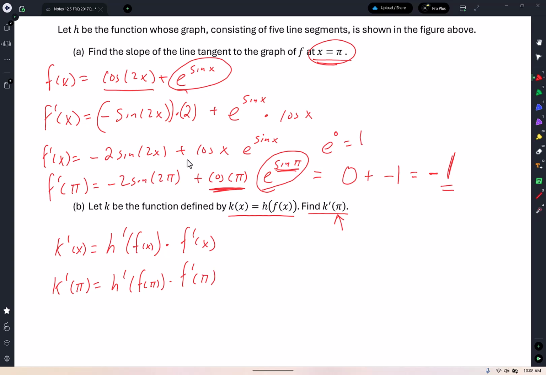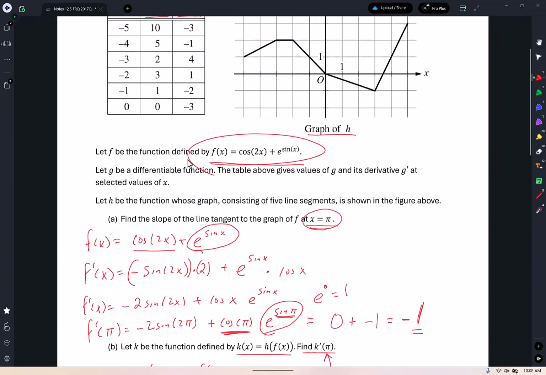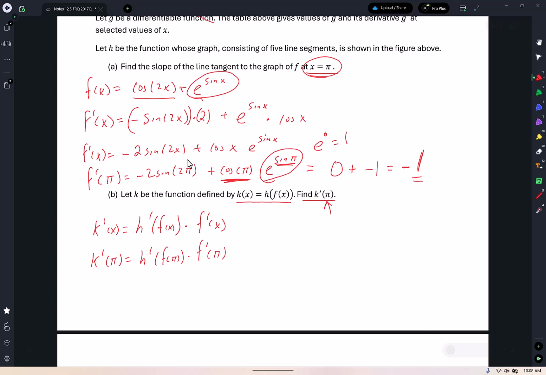I scroll up and look to see what f of pi is. Oh, I have it right here. I'm going to go to the side. My function is cosine of 2 pi plus e to the sine pi. That's just your f. That was given.